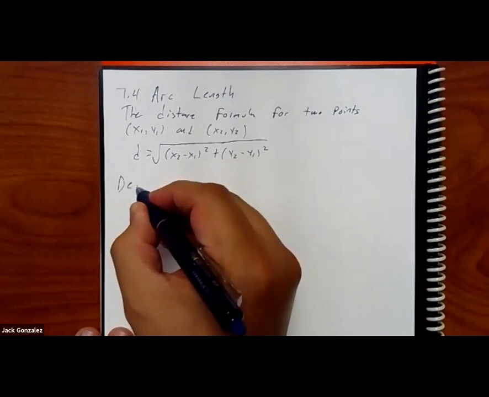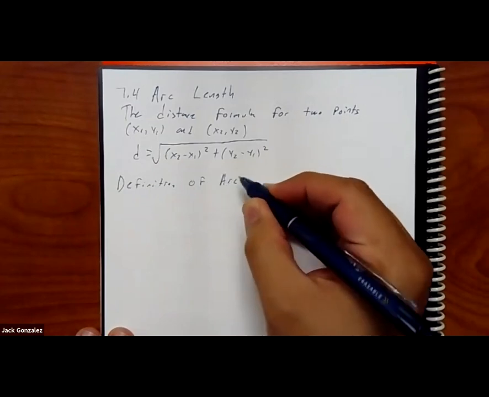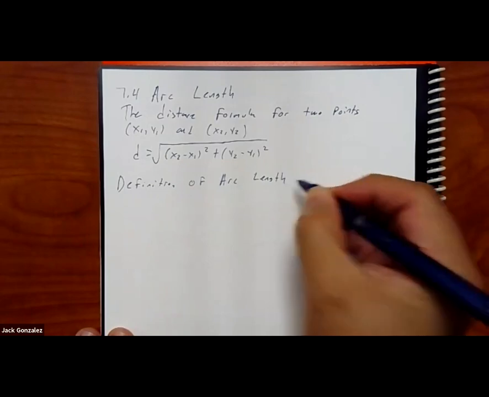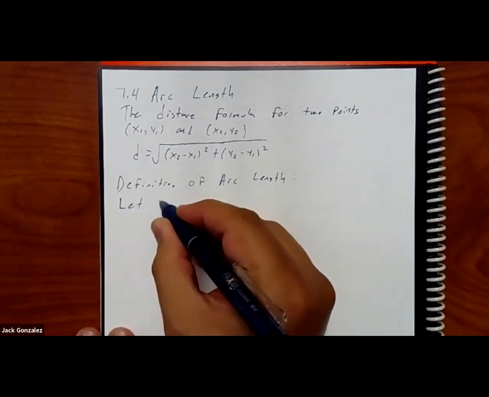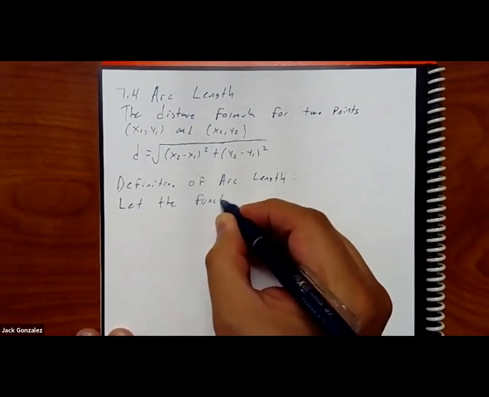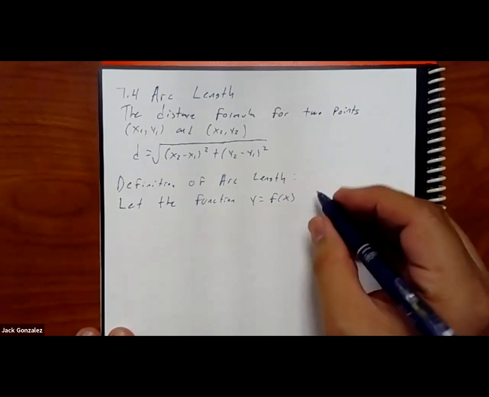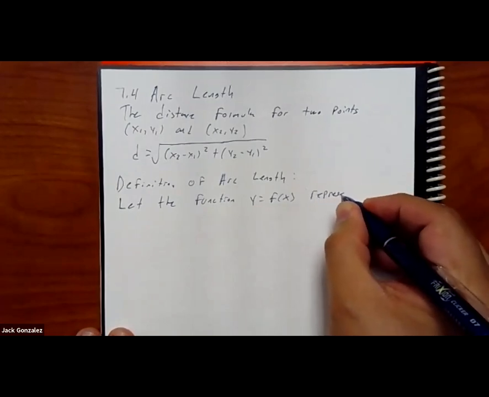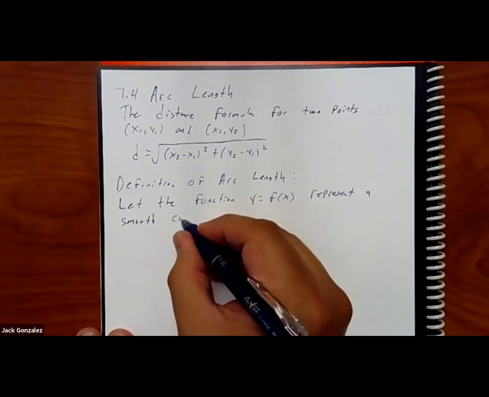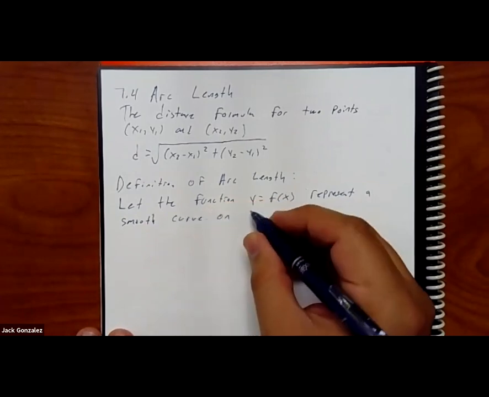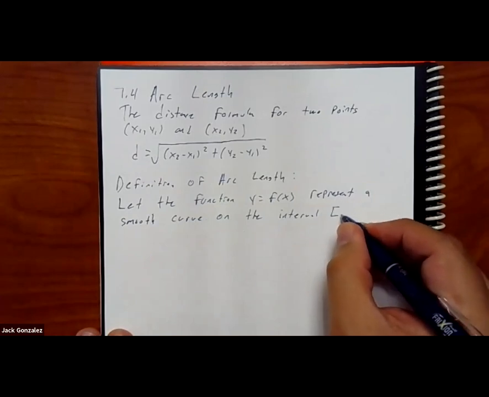Definition of arc length, which is the main thing of the section. So let the function y equal f of x represent a smooth curve on the interval a to b.